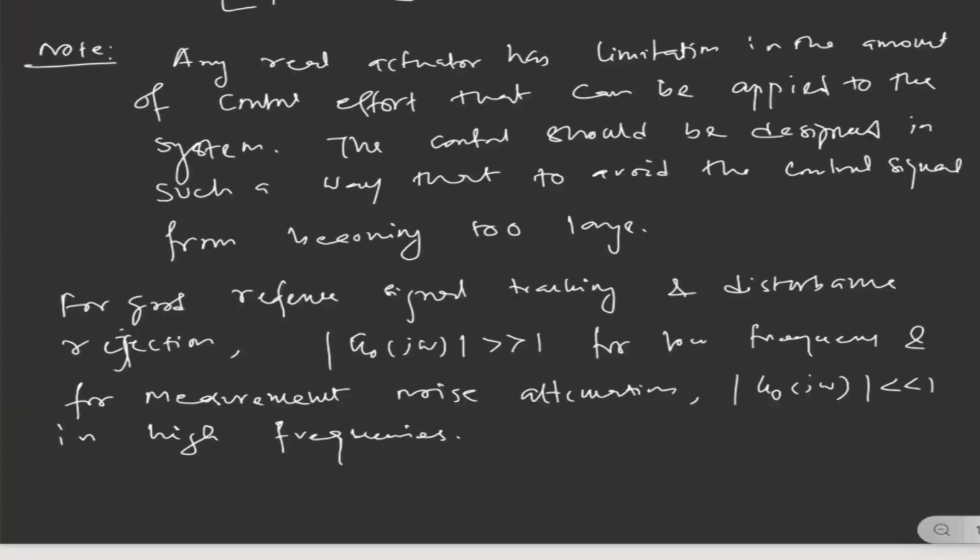Based on these conditions, we'll look at how we can examine the control effort in the system. First, let's take a large open loop gain.